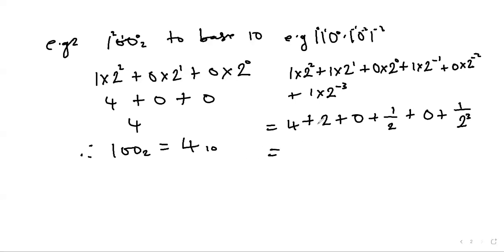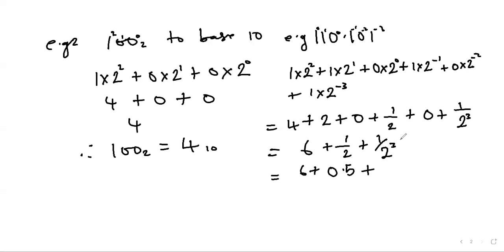This is equals to 4 plus 2, 6, plus 1 over 2, which is 0.5, plus 1 over 2 raised to the power of 3, which is the same thing as 1 over 8.